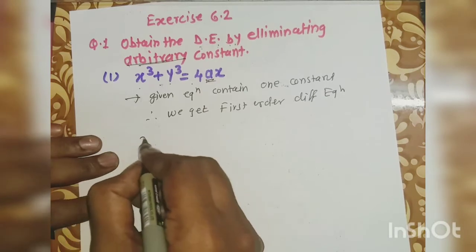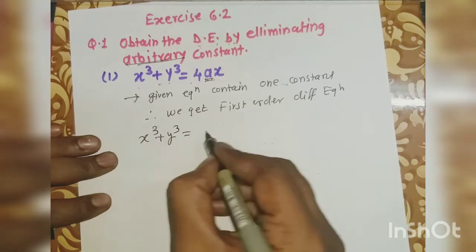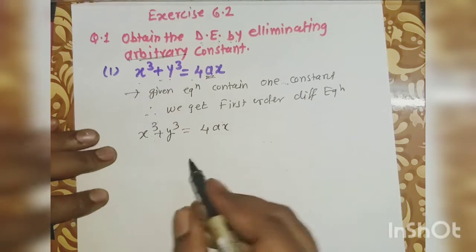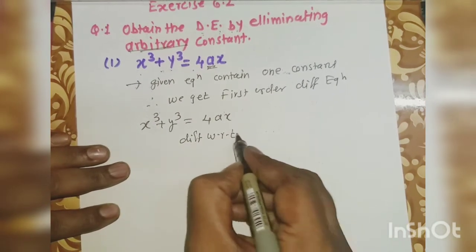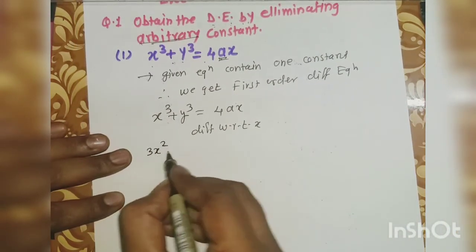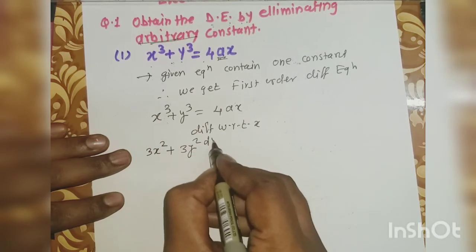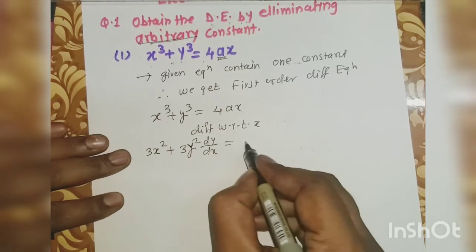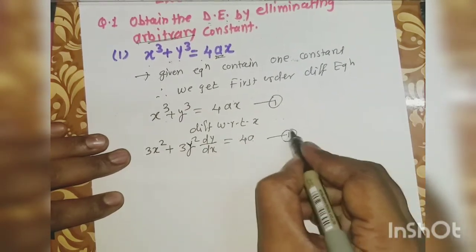Given equation x cube plus y cube is equal to 4ax. Differentiate with respect to x: the derivative of the left hand side is 3x square plus 3y square, times the derivative of y with respect to x, dy by dx, which is a function of a function, is equal to 4a. This is equation 1, and this is equation 2.